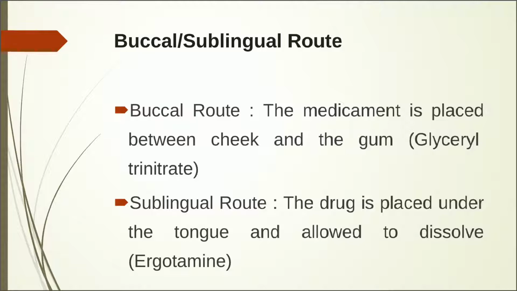So there is a small difference between the buccal route and the sublingual route, but the common thing is that drug directly goes into the blood circulation, and thus we are bypassing the gastrointestinal tract and hepatic metabolism.